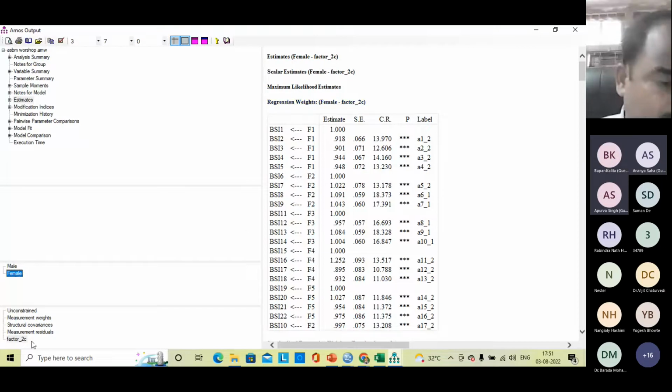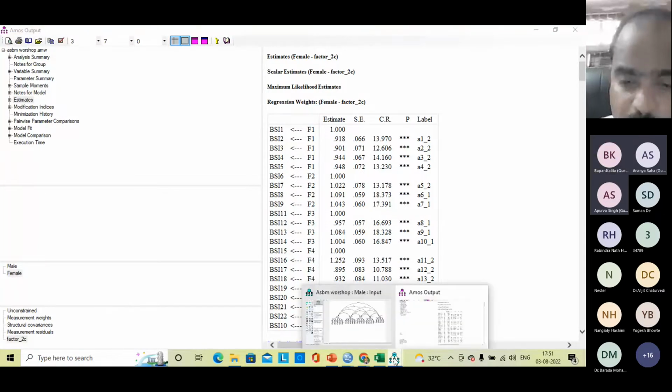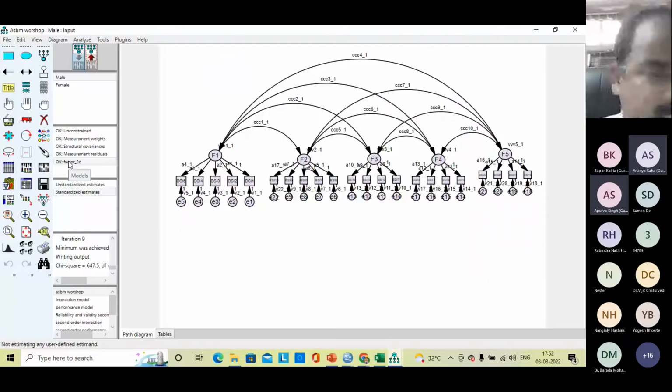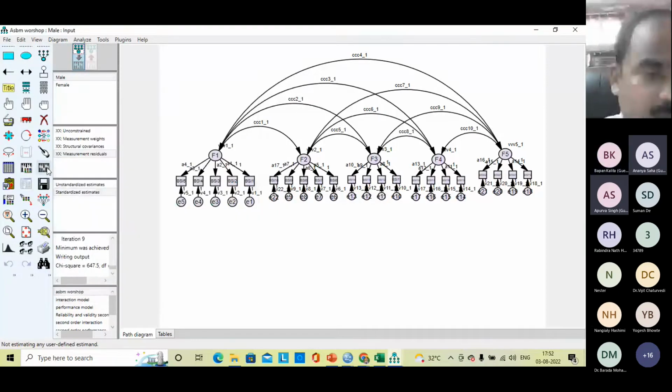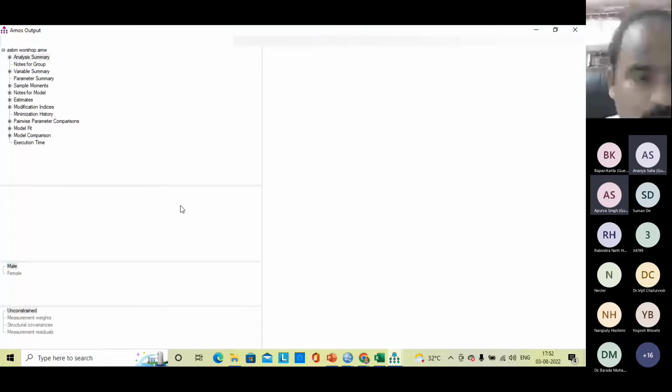Let me delete that factor underscore 2 because I will take the entire model for our convenience. I got the entire model measurement value.